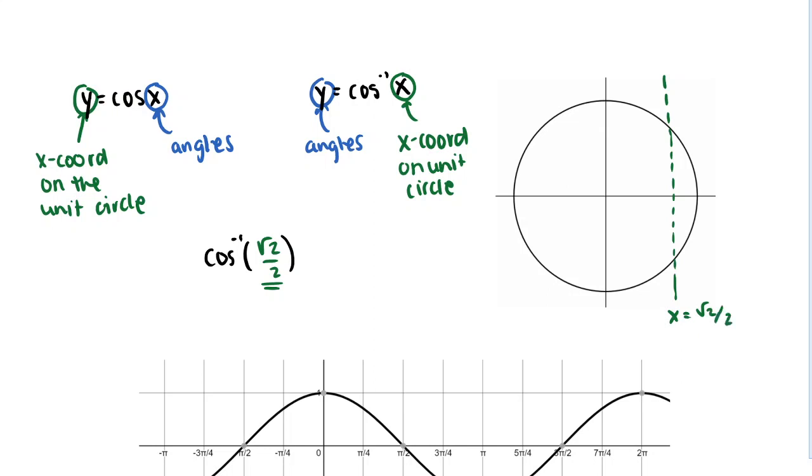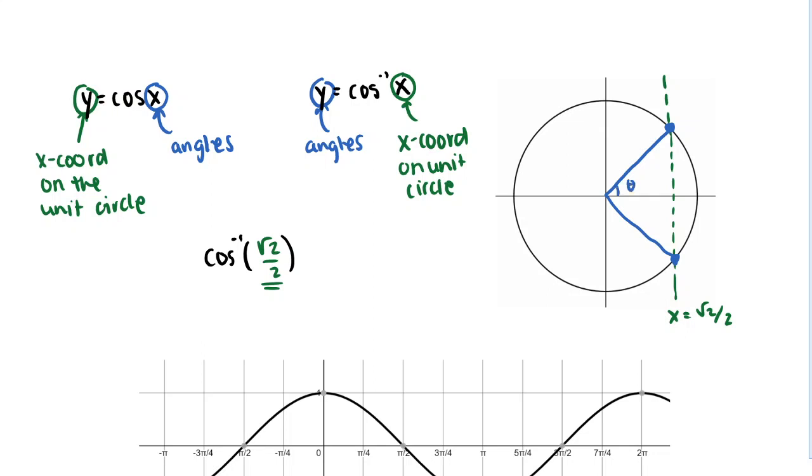And cosine inverse would give us an angle which corresponds to an x value of the square root of 2 over 2 on the unit circle. But the one issue is that there are many different angles which do this job. Any angle which lies at either of these 2 points, well, these would give us an x coordinate of the square root of 2 over 2 on the unit circle.